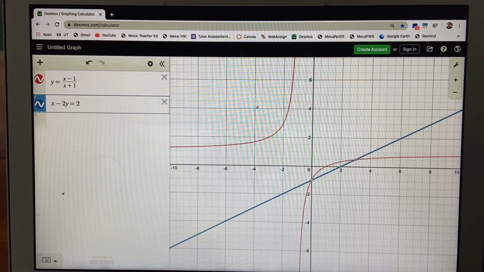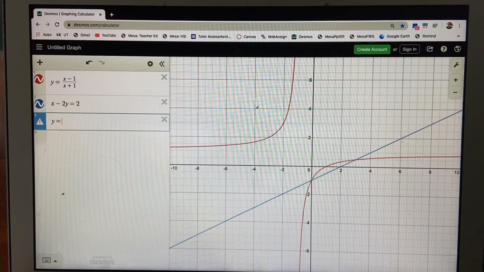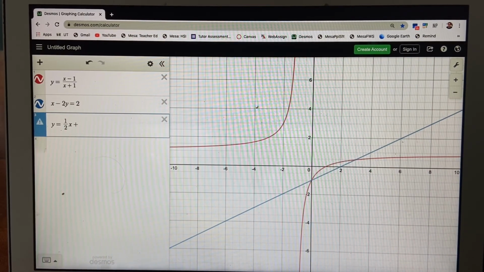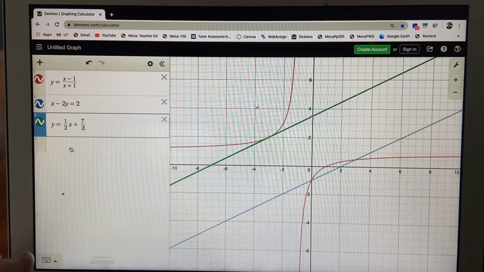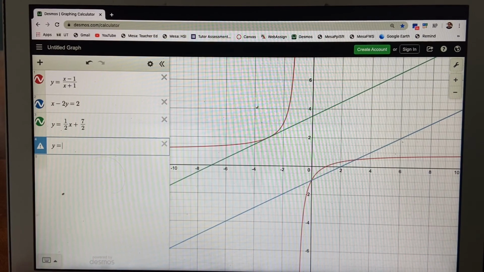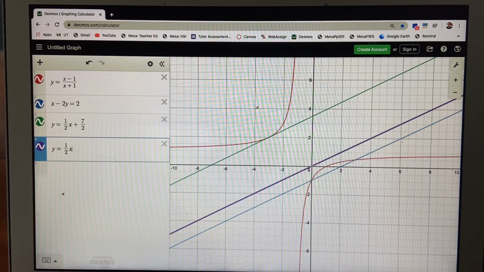The lines that we found, so y equals 1/2 x plus 7/2, and then y equals 1/2 x minus 1/2.